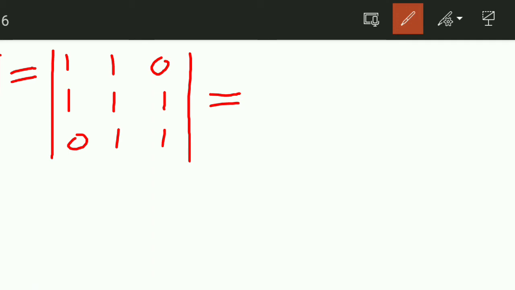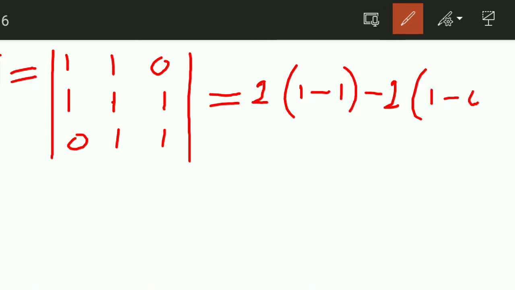I hope you know how to find the determinant. So I can write 1 times (1 into 1 minus 1), then taking this as negative, 1 times (1 minus 0), and the last one is plus 0.